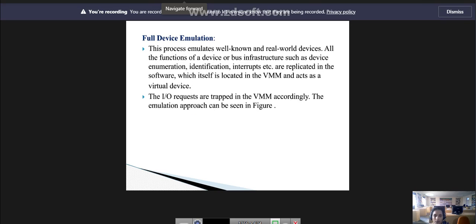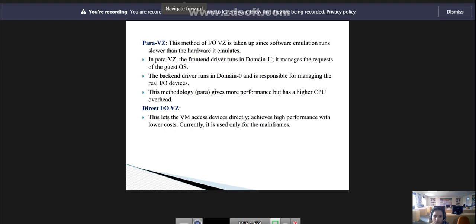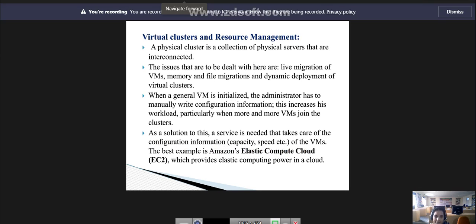Okay, now I am going to continue the class with virtualization, cluster and resource management. A physical cluster is a collection of physical servers that are interconnected with each other. So this is the diagram.